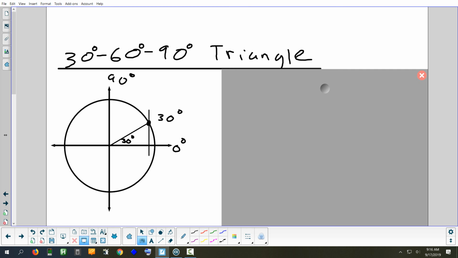To figure out the coordinate for 30 degrees, what do I need to figure out in that triangle? Your other angle. We don't need it, but what is it? 60. Yeah. So this angle up the top is 60, because we said earlier they all add up to 90.